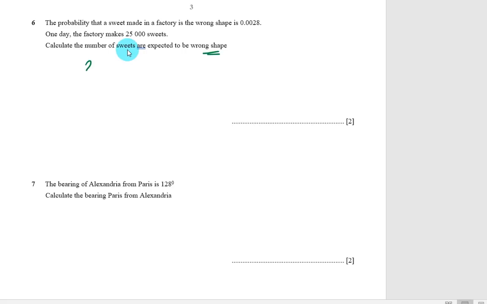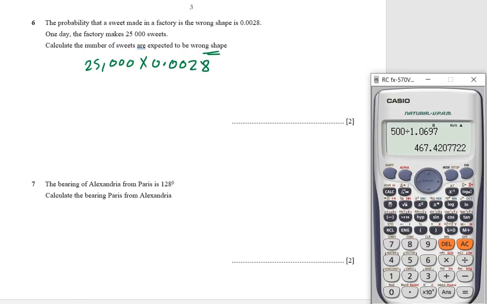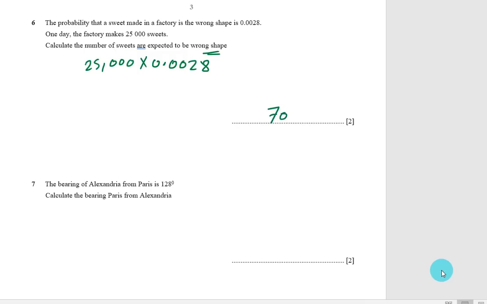So multiply 25,000 by 0.0028, which will give us how many pieces are the wrong shape. So 25,000 times 0.0028 will equal 70 pieces. So 70 pieces will be the wrong shape.